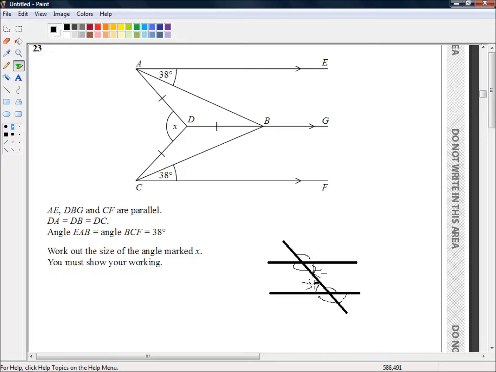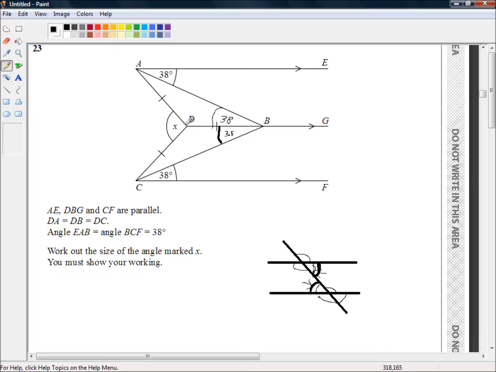One of the parallel lines theorems is that alternate angles are equal, and what we have here is an alternate angle here and here. So if this is 38 degrees, then this is 38 degrees. And if this is 38 degrees, then this also is 38 degrees. Okay, so I think that's as far as we can go with the parallel lines.